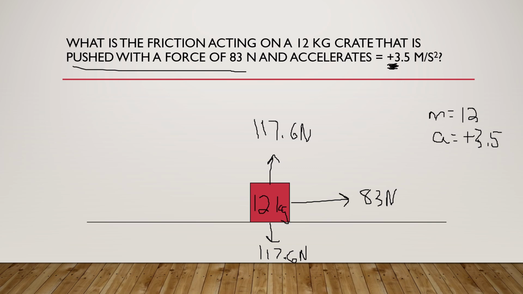When I do mass times acceleration, I get a net force of 42 newtons, right? Just F equals ma, multiply that. So I know that the net force is positive 42. Okay, I know the friction has to be going left.